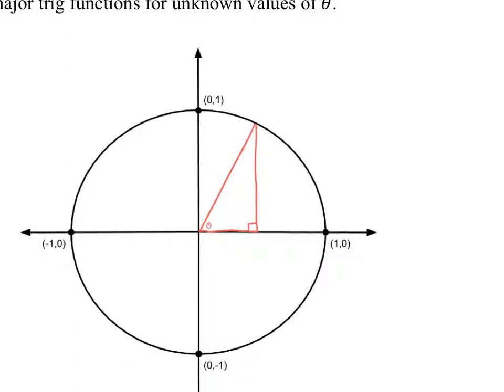I want to determine what this point is right here. In order to know that point, we would have to have some x value and some y value, right? So we're trying to figure out what is the x value of this coordinate. How far over is it? Well, we don't have a number for that, but we do know that however far over it is will be this x value, right?